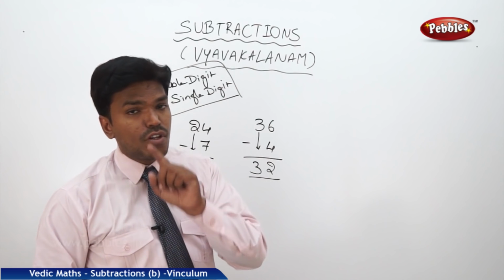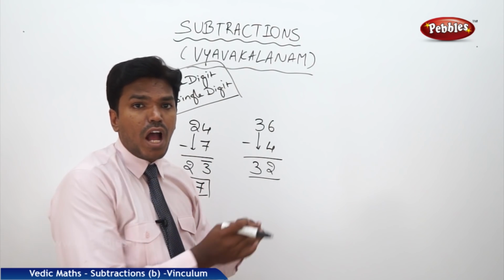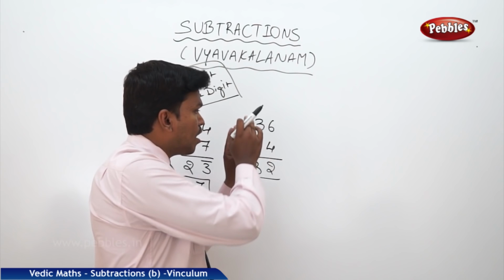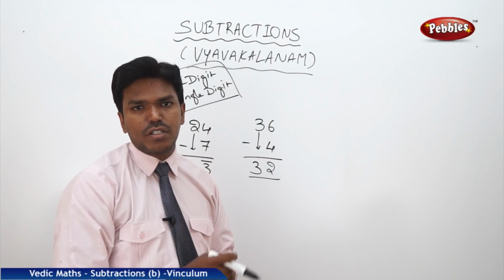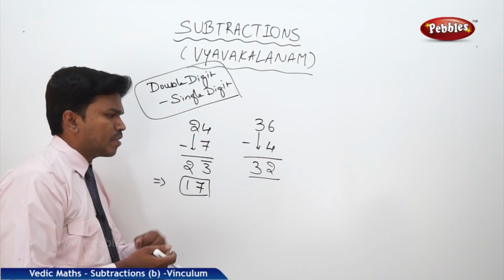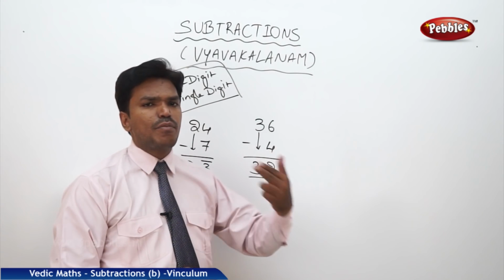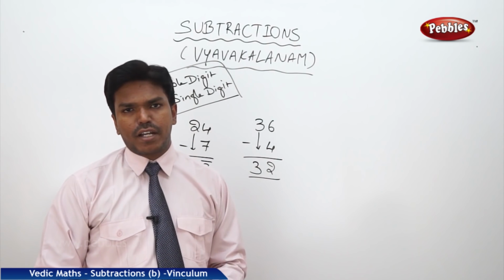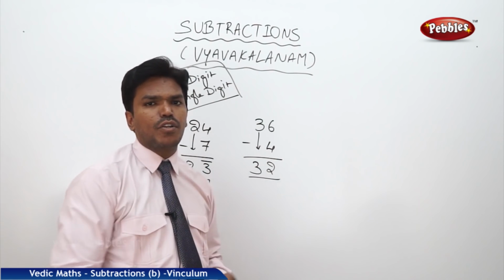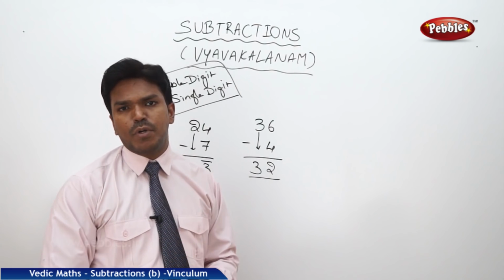Only when the subtraction is not possible do we subtract the upper number from the lower number by putting a bar on it, just like in the previous example. But if the subtraction is directly possible, you can directly subtract it and get the answer directly. No need to even convert the number.